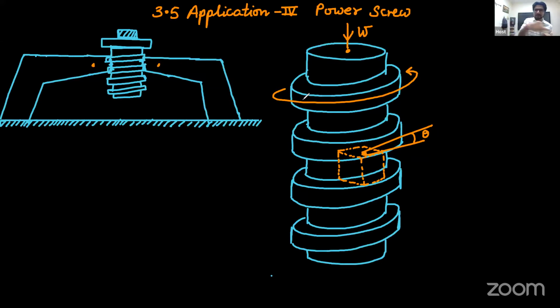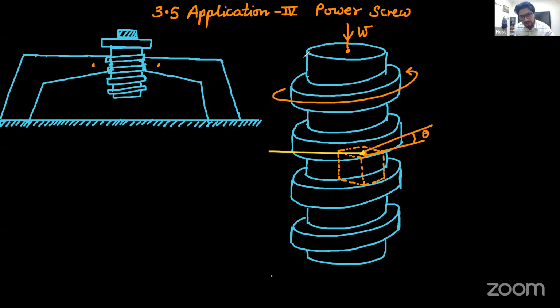And when you rotate the screw in clockwise sense, looking from the top, the screw will come down and it will be like lowering a block down an inclined plane.